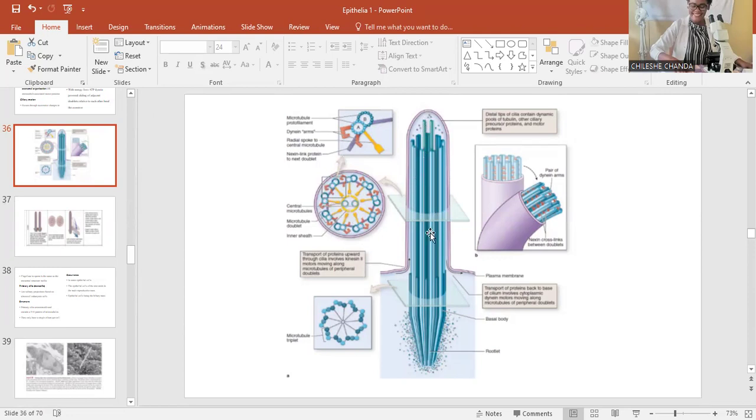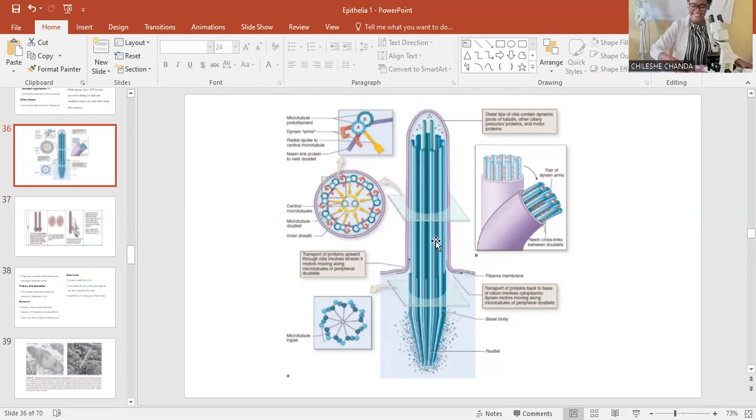So for example, this is the longitudinal section. When it is cut like this and looked at on top, this is what you're going to see. You're going to see 9 pairs of microtubules and 2 central ones. So this is what we mean by 9+2 pairs of microtubules.